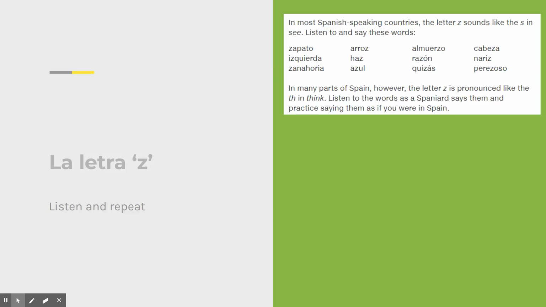In many parts of Spain, however, the letter Z is pronounced something like the TH in think. Listen to the words as a Spaniard says them and practice saying them as if you were in Spain.